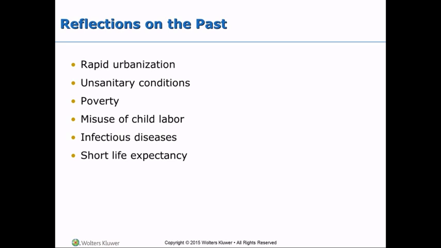Rapid industrialization, large concentrations of people moving into unsanitary environmental conditions, poor housing, poverty, the misuse of child labor, infectious diseases, and short life expectancies were the stimulus for these nurses to advocate for environmental sanitation, reformation of social and health policies, and the establishment of nursing schools that included education in how to care for communities.